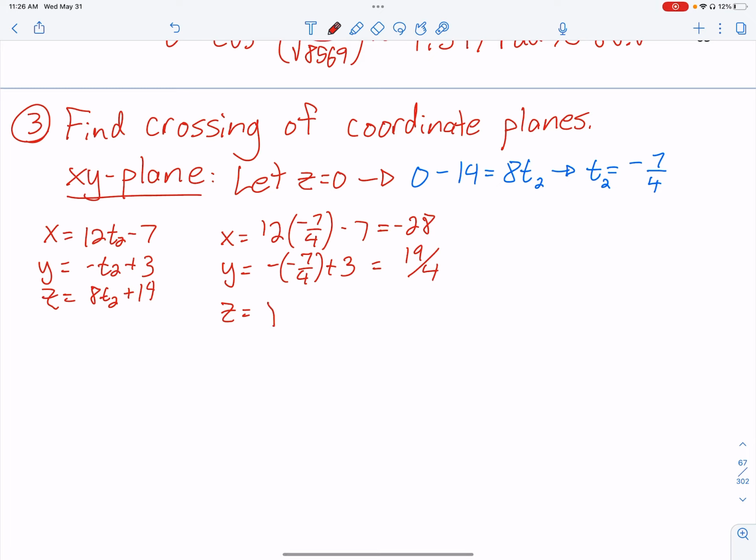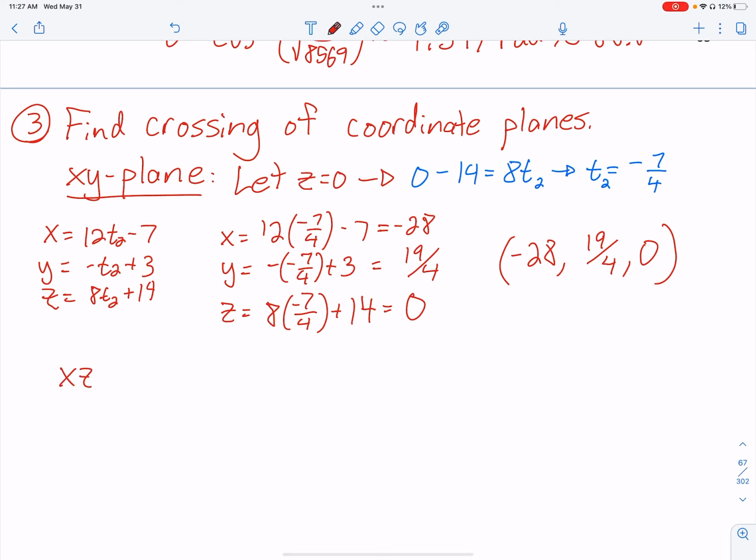All right, so that's 8 times negative 7 over 4, plus 14. Okay, I got 0. So it crosses, and that makes sense because that's where z equals 0. That's how we got the point. So it crosses at negative 28, 19 over 4, and 0. So that's the point it crosses. We got to do the other planes now.